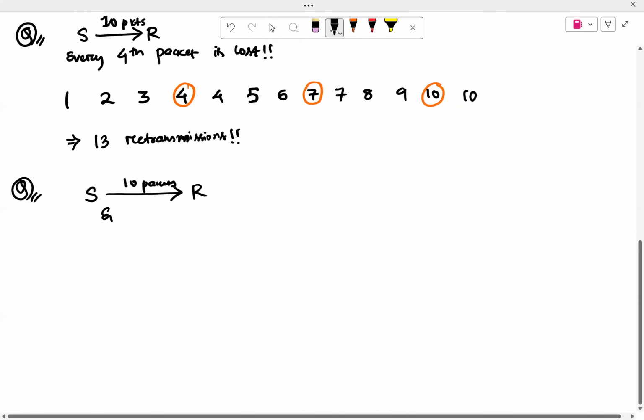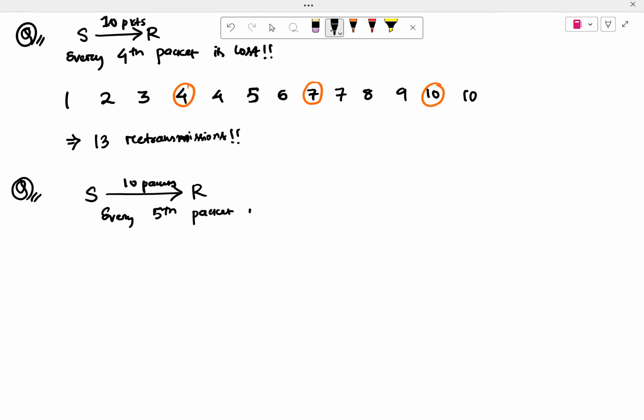And every fifth packet is lost, and you are using go back 3. Instead of go back n, the n is 3, so go back 3. That means window size equals to 3. So if window size is equal to 3, then total how many packets would be retransmitted? So total how many packets we need to transmit in go back n, go back 3.